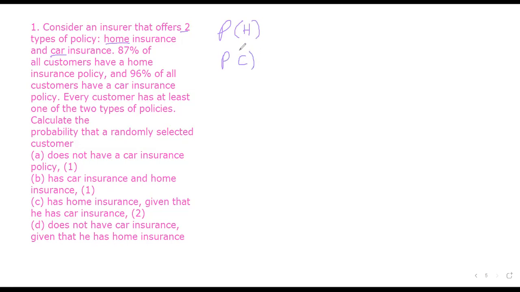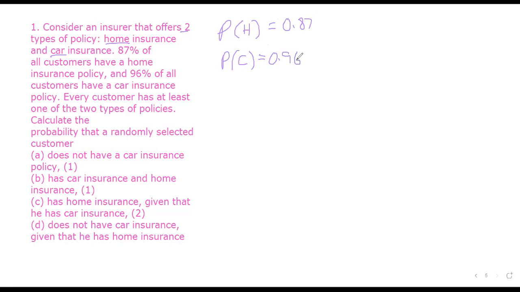What's the probability of home insurance? 0.87. Correct. Then what is the probability of car? 0.96. Correct.